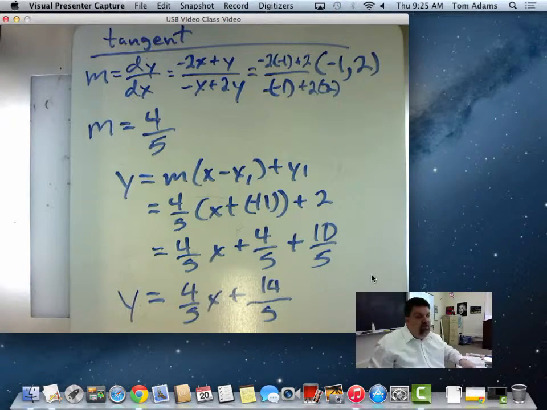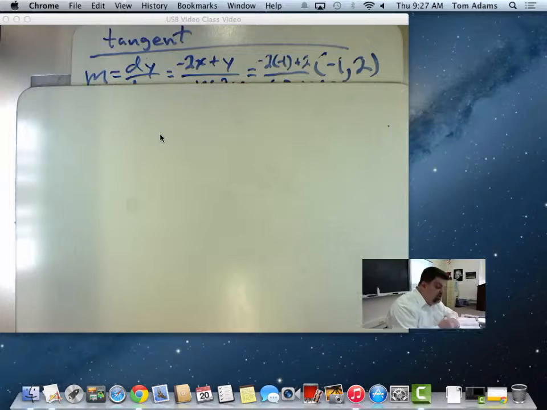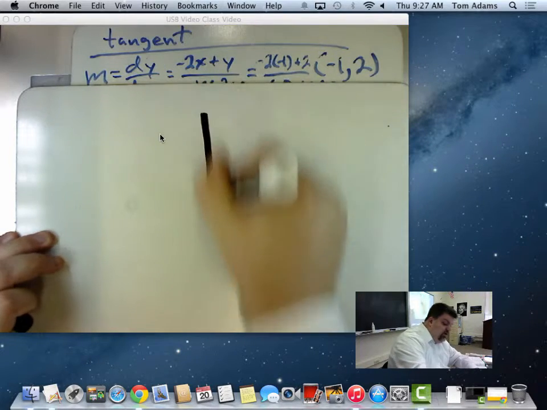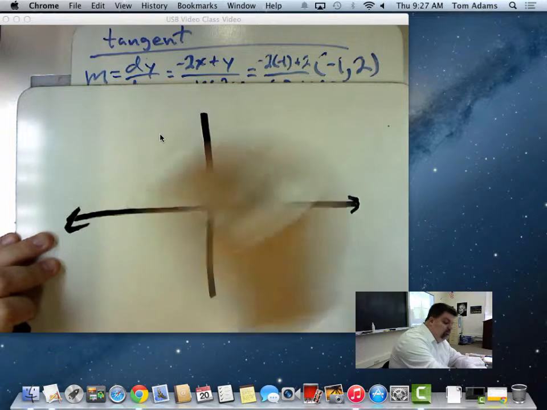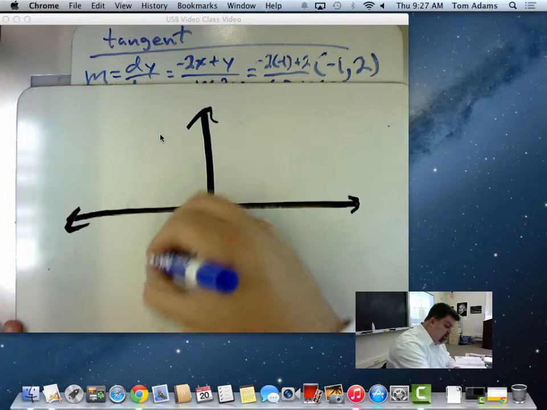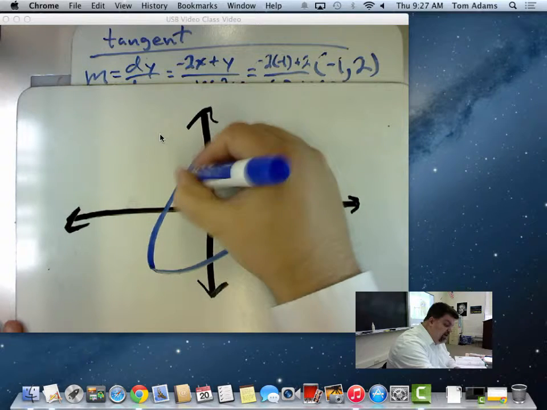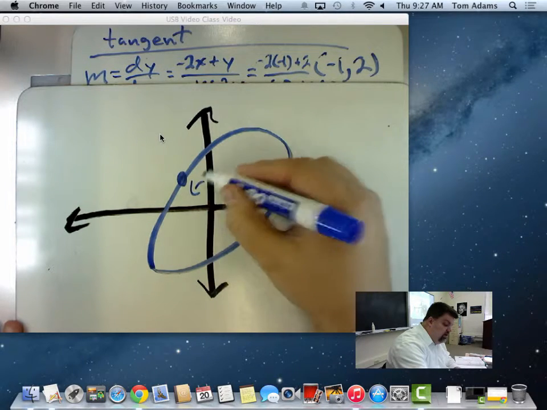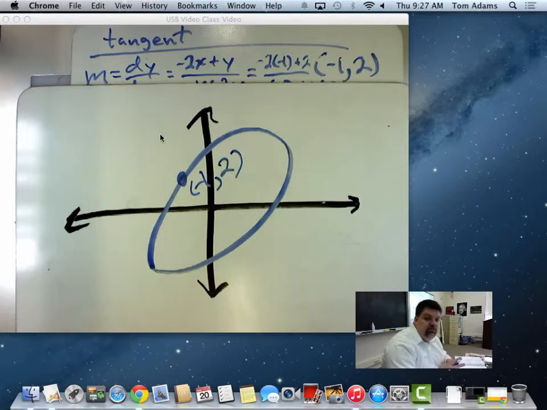Now, how do I verify it? What are we trying to accomplish? Graph this. This is what it would look like graphically. It's kind of an ellipse that's tilted on the side. Okay, and so it looks like this. It's an ellipse that's kind of tilted, and it has the point here, negative 1, comma 2.